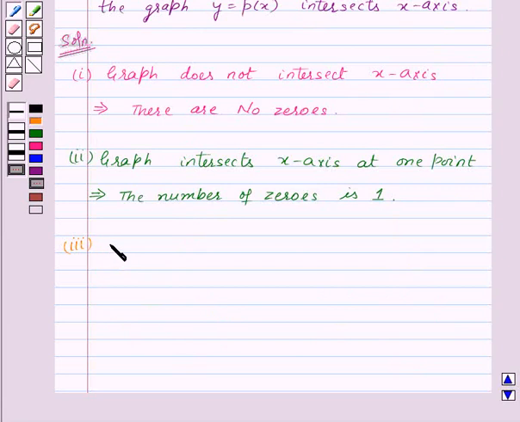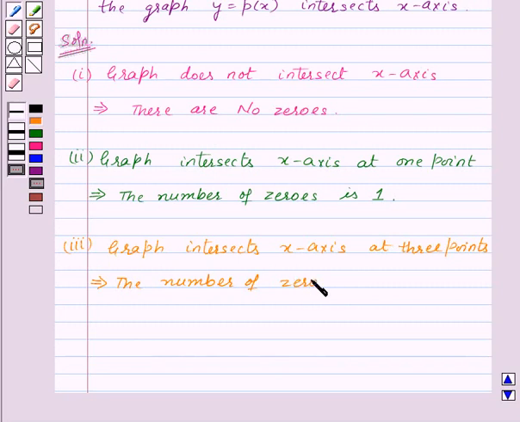So that means graph intersects x-axis at 3 points. This implies the number of zeros is 3.